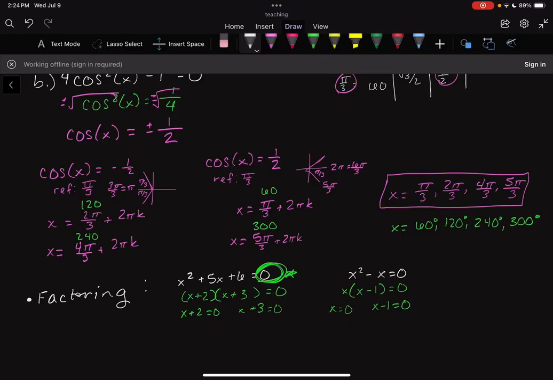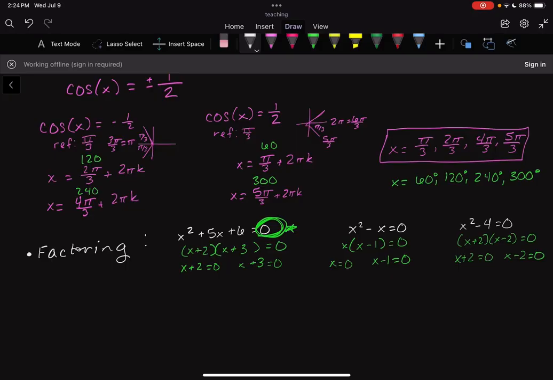And then you also have the difference of squares. x squared minus 4 would become x plus 2, x minus 2. In all of these, we always have to be equal to 0, so that's a huge part of it.